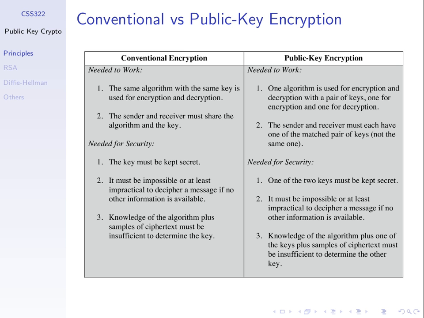And we assume that the attacker or malicious users will know the algorithm. So if you know the algorithm in conventional encryption plus the ciphertext, it should be hard to find the key. Same with public key encryption. If you know the algorithm plus one of the keys and some ciphertext, it should be hard to find the other key. Given one key, it should be hard to get the other key.